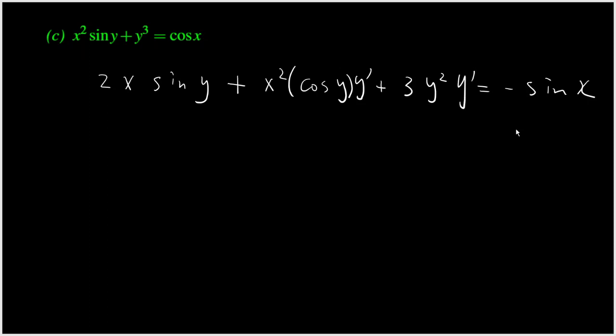Now 3y squared is only the derivative of y cubed with respect to y, right? You have to follow that by y prime. We are not moving on to solve the equation for y prime, but if you really want, it's easy, it's simple.